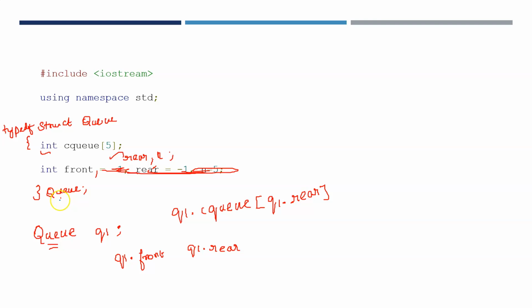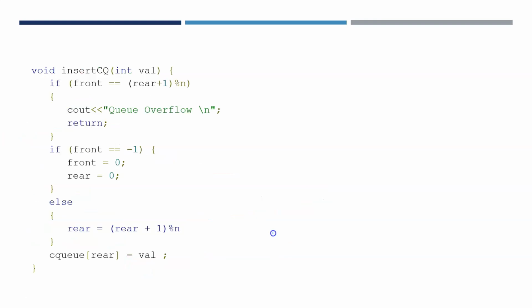Whenever you want to initiate a variable of type queue, you can just give q1. And wherever you want to access these things, you put q1 dot front, q1 dot rear, q1 dot cq, and q1 dot n. So this is how you are going to access the structure elements. As you have studied structures earlier, you will be able to understand this. So this is the change that you should be making.